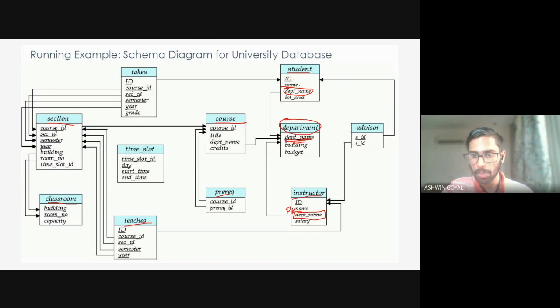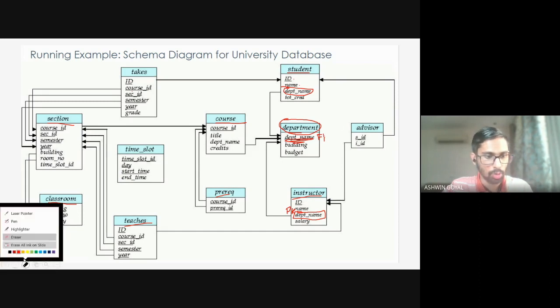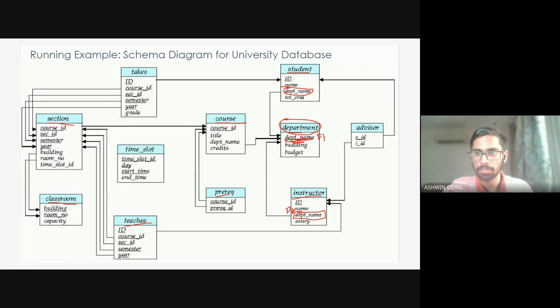So this would be the primary key here, and this department name field would be a foreign key. This primary key, foreign key concept is also frequently tested. You need to know what a primary key and a foreign key are. All right, so this is the basic understanding of databases.